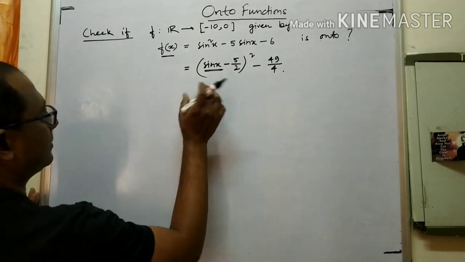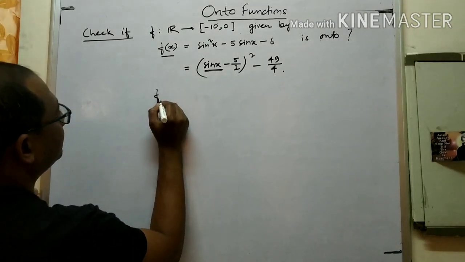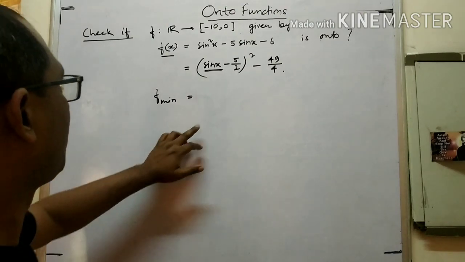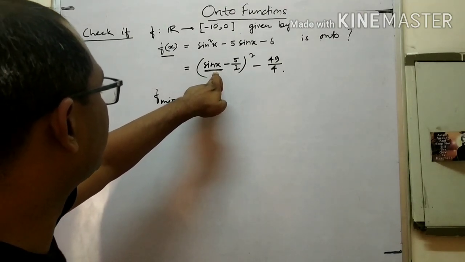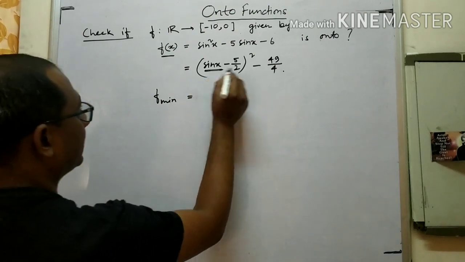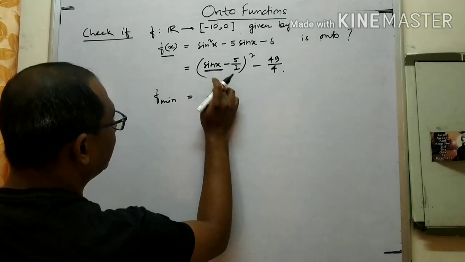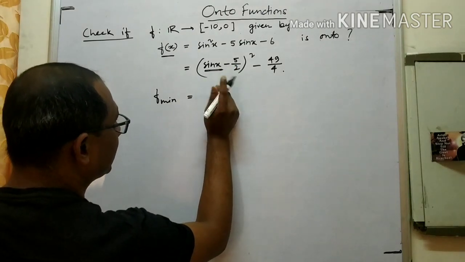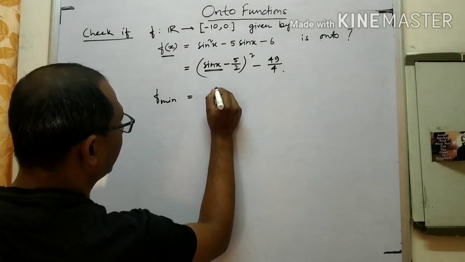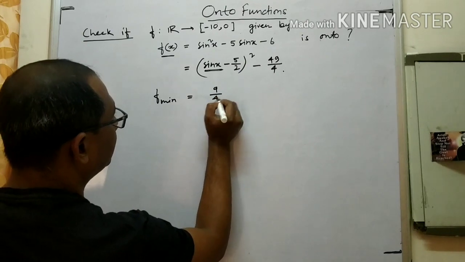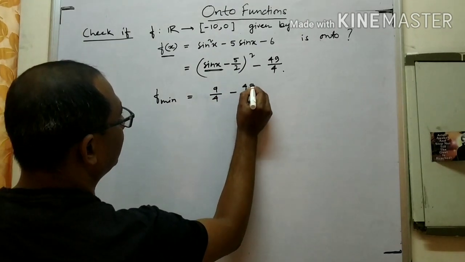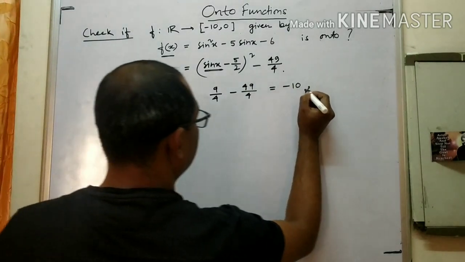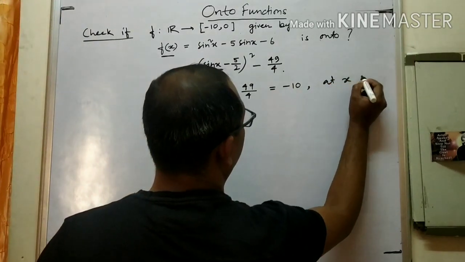So f will be minimum when sin x is equal to 1. Here I will be getting (1 minus 5 by 2), that is minus 3 by 2, whole square, that is plus 9 by 4, minus 49 by 4, that is minus 10 at sin x equal to 1.